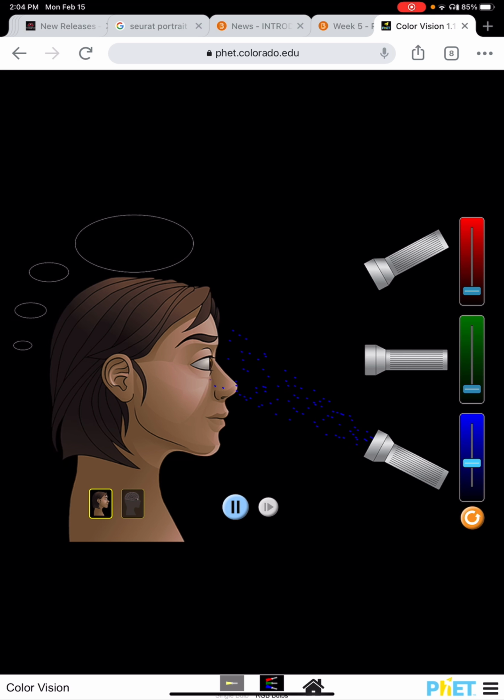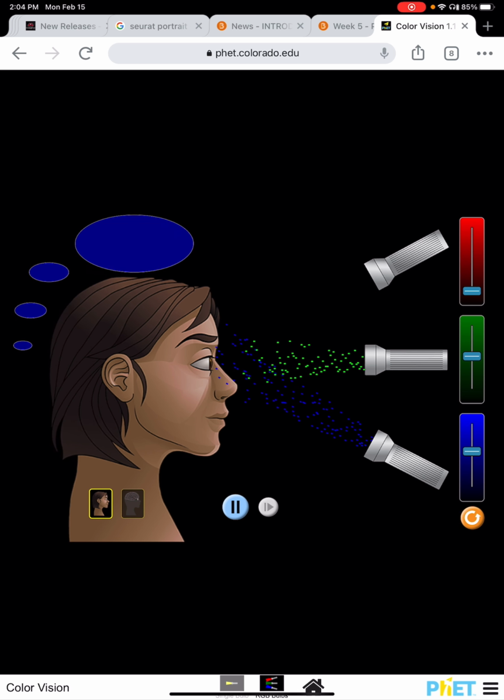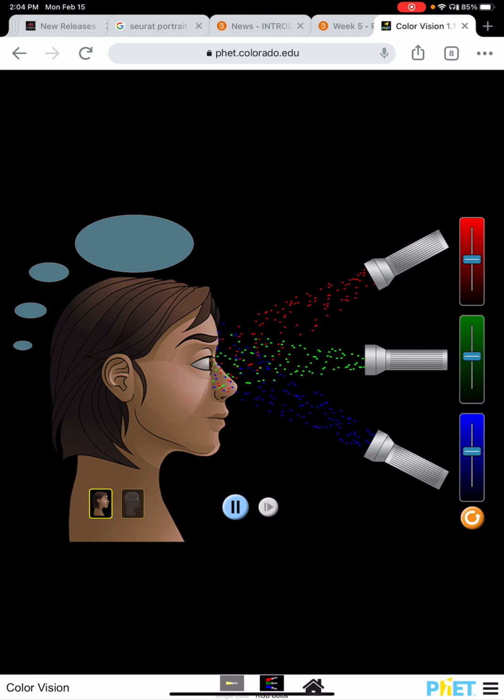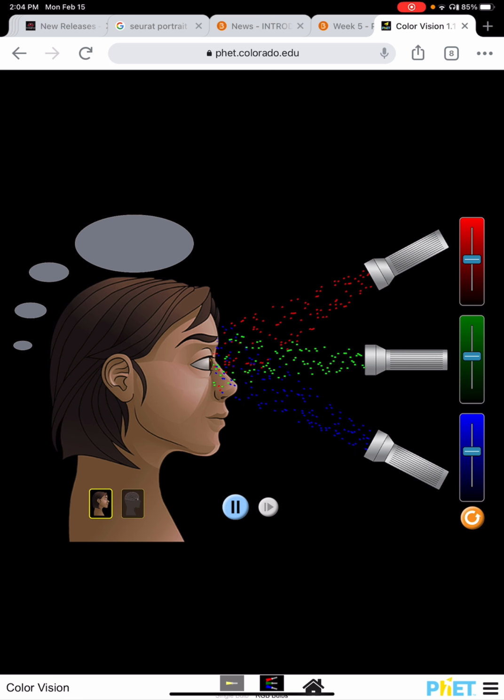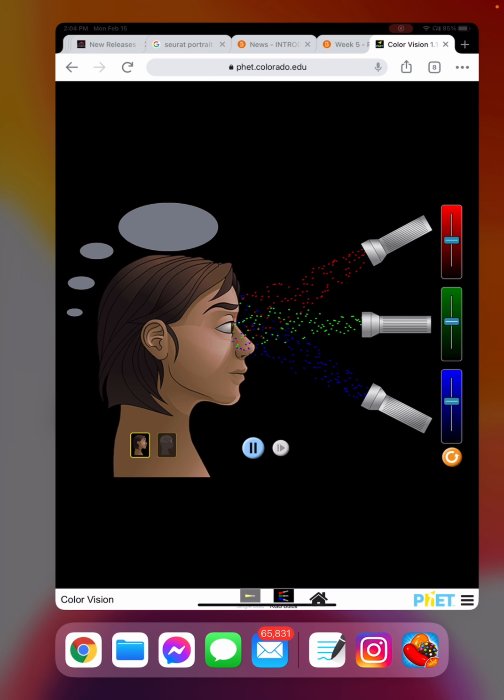And gray would just be a low brightness white, sort of. So halfway up on all the dials. This simulation comes from the University of Colorado Boulder and their free PHET app. So if you want to take a look at that, feel free to zoom in and take a look at it on your own. All right.